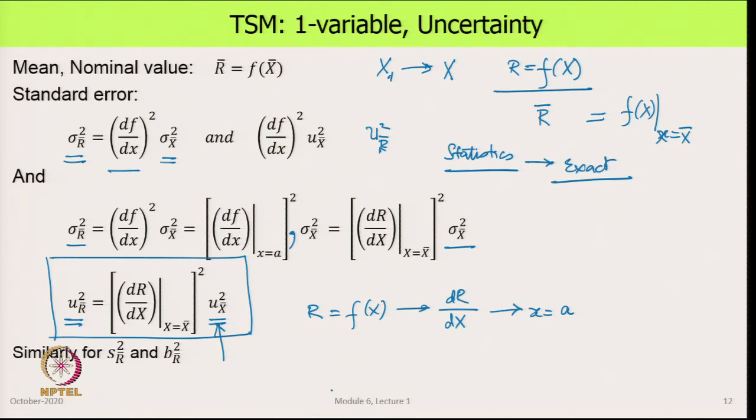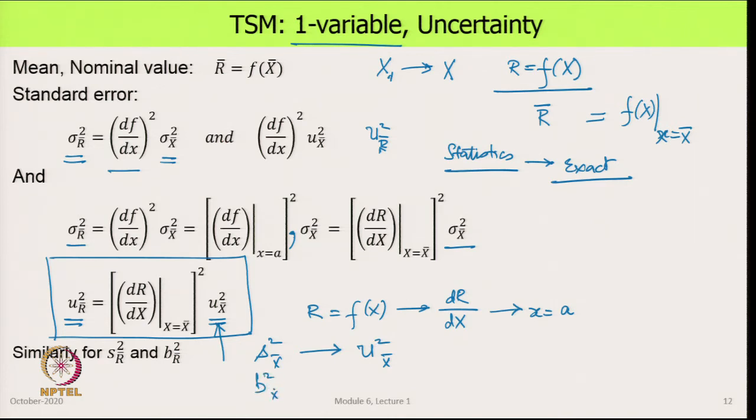So, we got what we wanted, but this is limited to one variable. So, the result had one variable, this is what we have. And we can do the same thing, that if instead of u x bar we had s x bar square, then this will give us s r bar square.